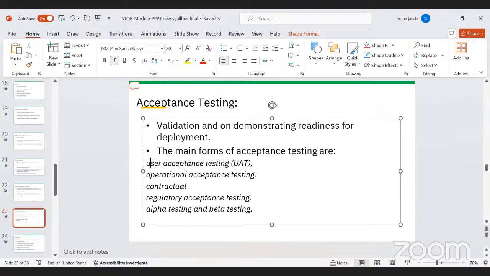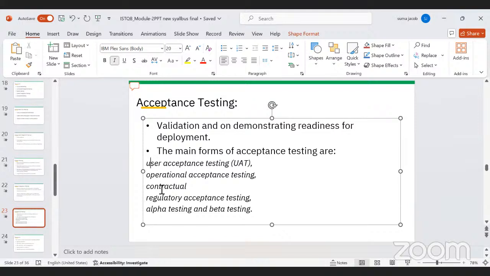Otherwise, that will be a huge loss for the company. So all these different operational acceptance criteria, like backup or restore, high availability and disaster recovery, are tested in operational acceptance testing.